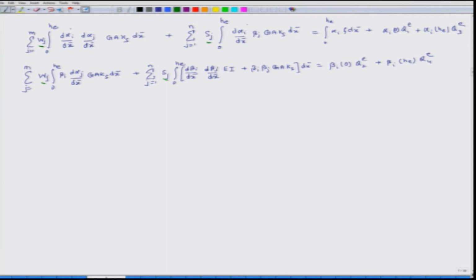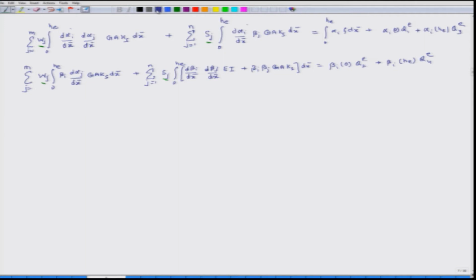Physically, they mean the deflection at node 1 will be W1, deflection at node 2 will be W2, similarly rotation at node 1 will be S1 and rotation at node 2 will be S2. These are two linear equations in W's and S's, linear because the powers of W's and S's are 1, and they are coupled, so these are simultaneous equations in W and S.